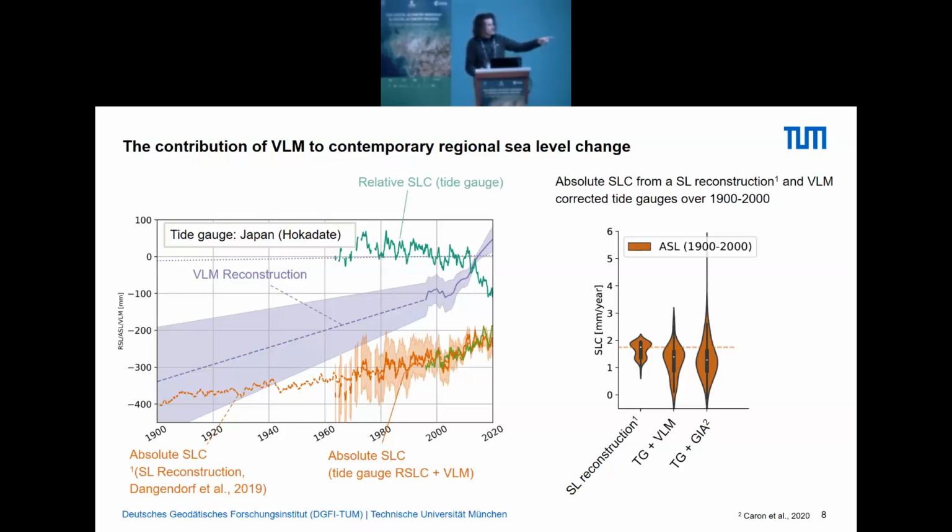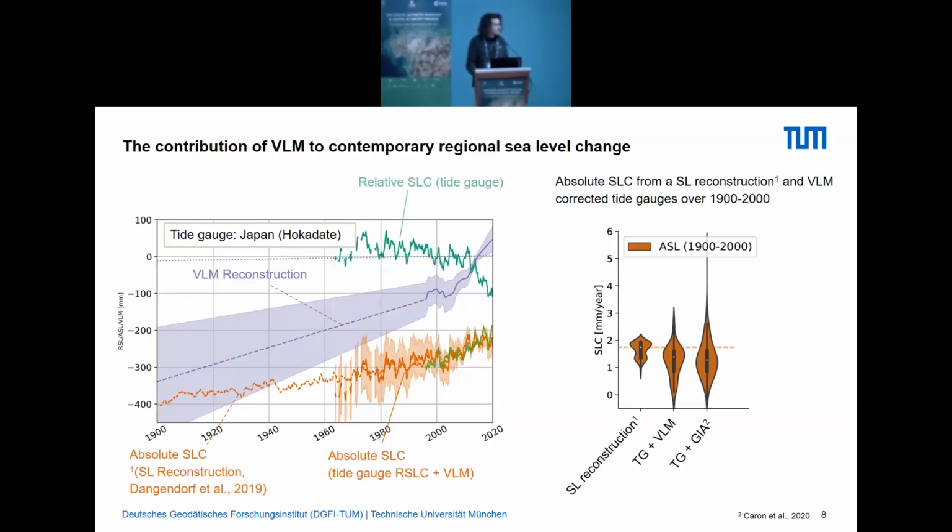In the center, you see when you correct tide gauges with our data, the last one shows when you correct it with the GIA model, and the first one shows the sea level reconstruction from Sönke Dangendorf. So there can be differences.